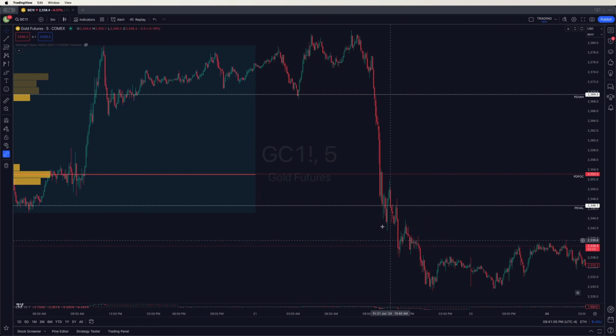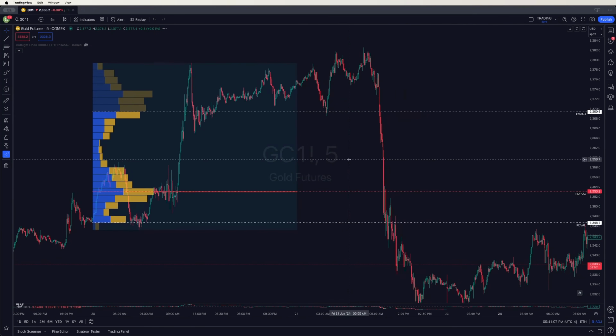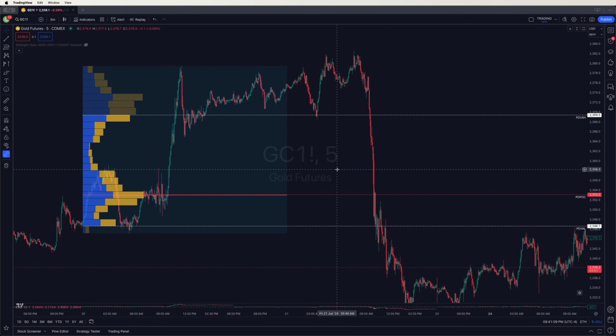So these levels, value area highs, value area lows, and POC are, like I said, true support and resistance. And just like with regular support and resistance, when support is broken, it becomes resistance, and when resistance is broken, it becomes support. So that same principle applies with these.